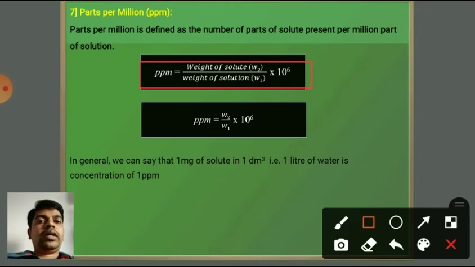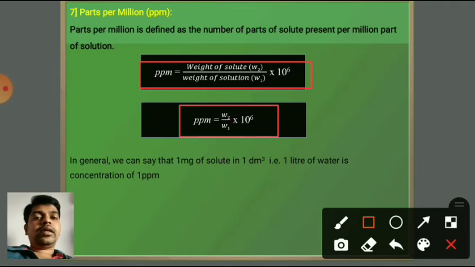Here the value of W2 is very small compared to W1, because the concentration in ppm will be very small. The general formula becomes ppm equal to W2 upon W1 into 10 to the power 6.